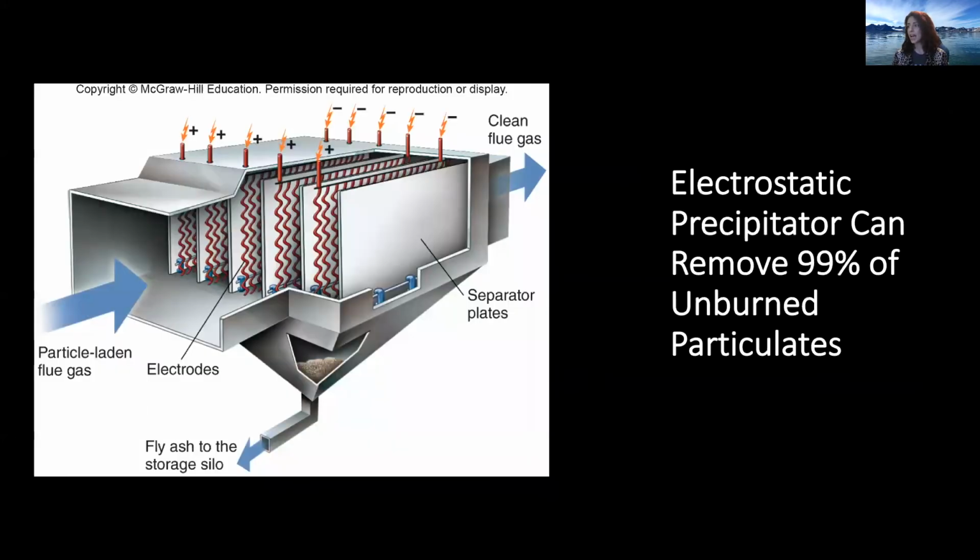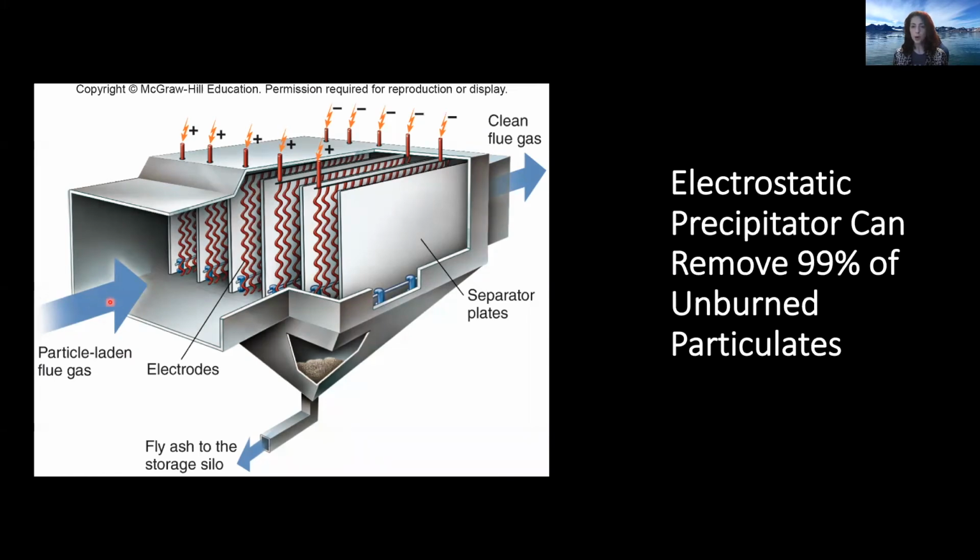Here we have that electrostatic precipitator that we talked about on the previous slide. These precipitators can remove up to 99% of unburned particles in the smoke from power plant emissions. These electrodes transfer a charge to the particles that pass through.